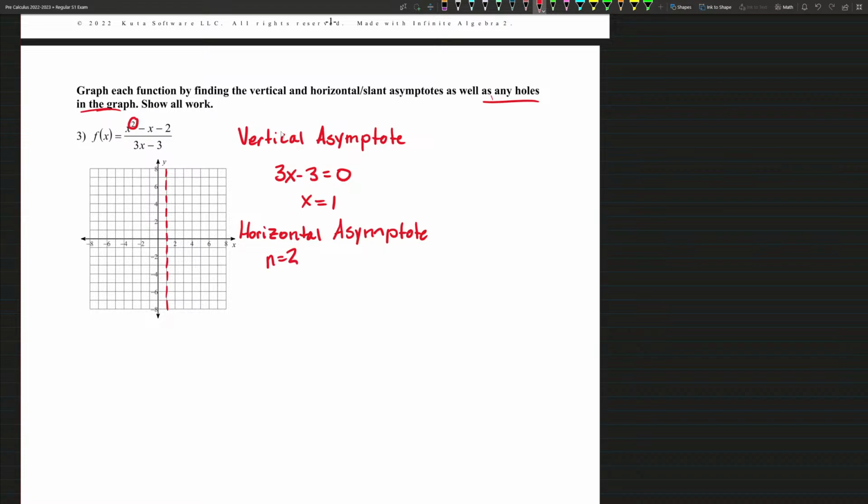M is the degree of the denominator. There's x to the first there, so our degree is 1. This means that n is greater than m, so there are no horizontal. But because there's no horizontal, we have to check for a slant.